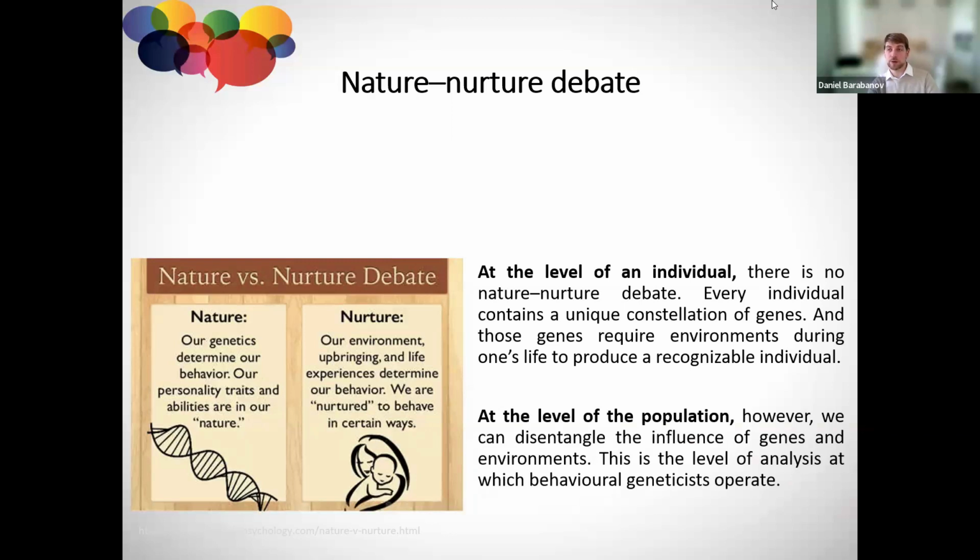So when you hear those debates and heritability estimations, again, it's not applicable to one single person, because at the level of one single individual, we cannot understand what was genetic and what was environmental. So all these discussions in behavioral genetics make sense only at the level of population.